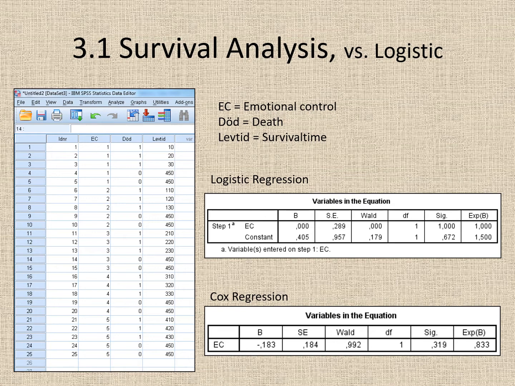So although the odds are the same, we get an effect here. Although the odds are the same, the hazard is different. That's what we calculate with Cox regression. Not the odds for the outcome, instead the hazard for the outcome. And I'll have a word about that soon.